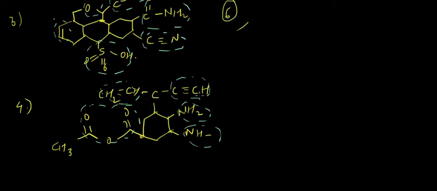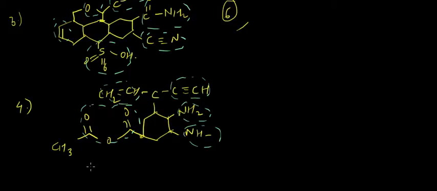Are you missing anything? Are you able to follow why this is called an anhydride? The structure of an anhydride is something like R, C double bond O, O, C double bond O, and then R. If you are not comfortable with what the anhydride group was, let me write it down again.